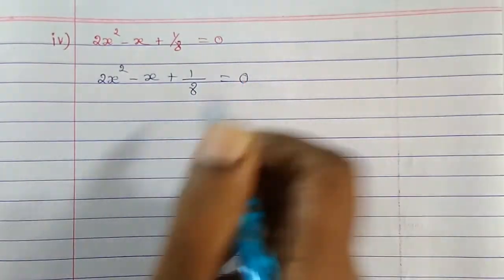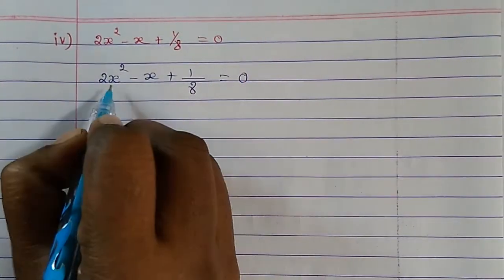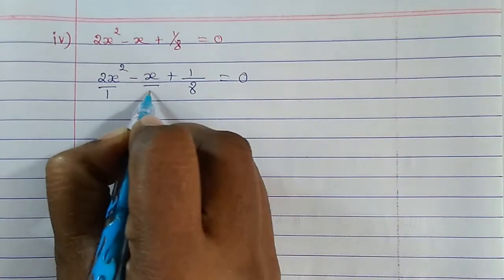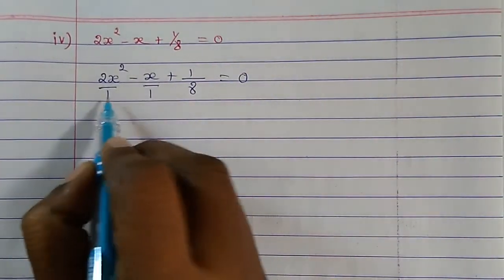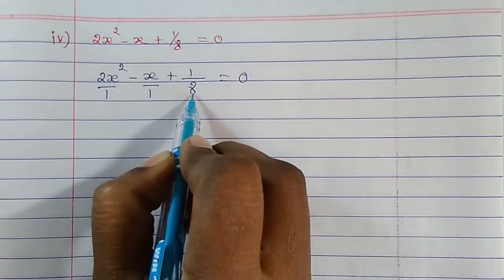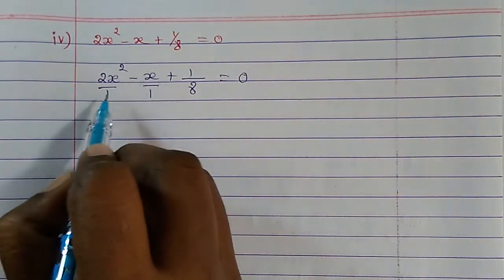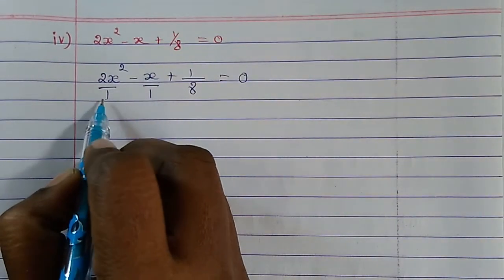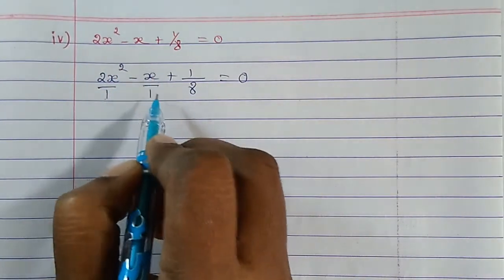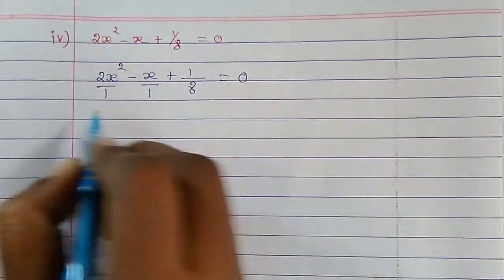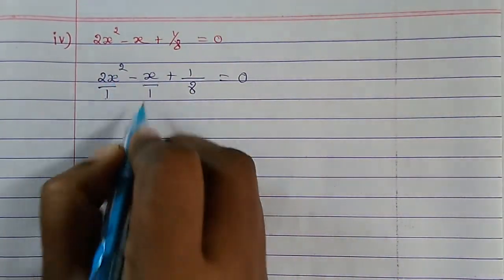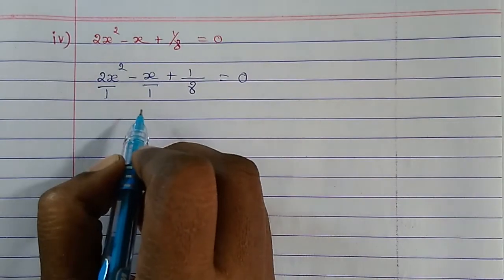Here the denominator 8 is there, here nothing is there, so let's consider there is 1 in the denominator. To get the same denominator everywhere, we multiply both sides with 8, or you can say taking LCM.